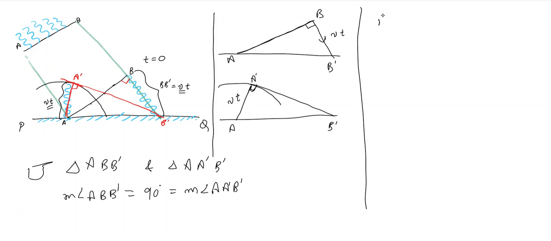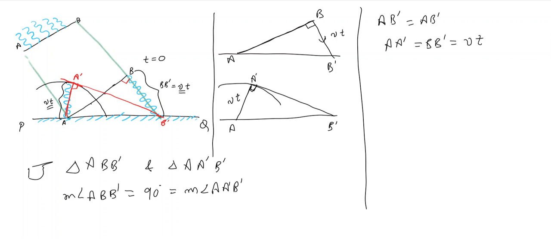In both triangles we have AB prime common, isn't it? Moreover, BB prime is equal to A prime equal to Vt. So I can say that these two triangles have similarity.